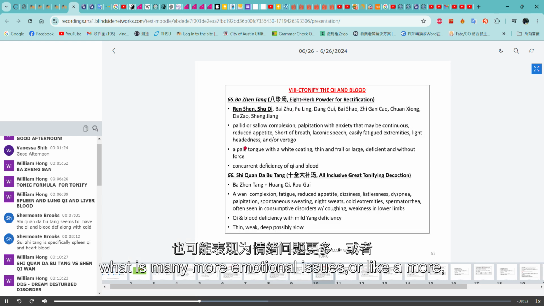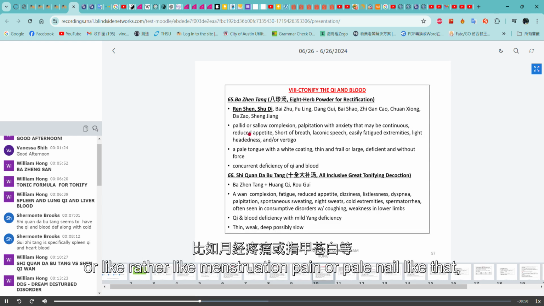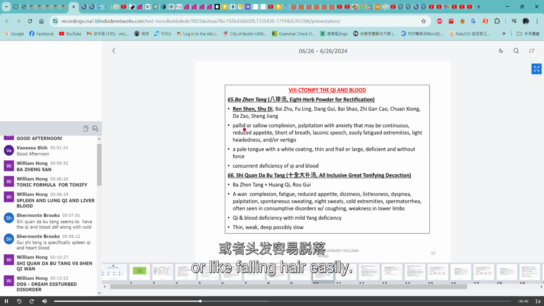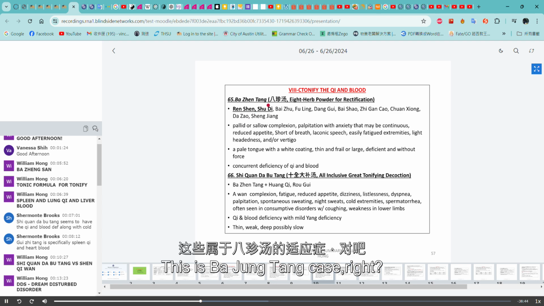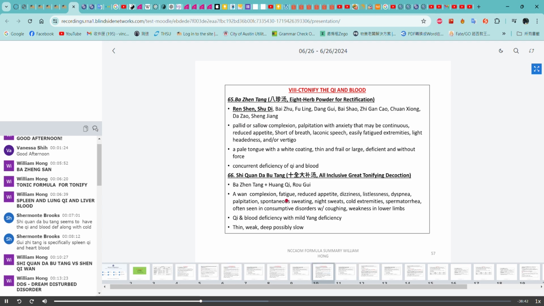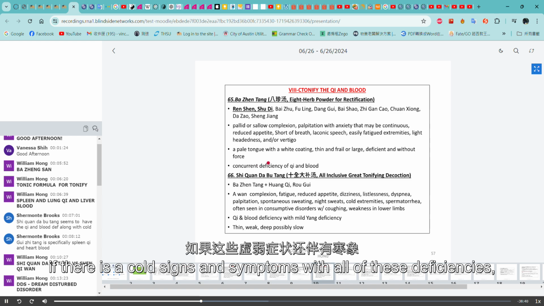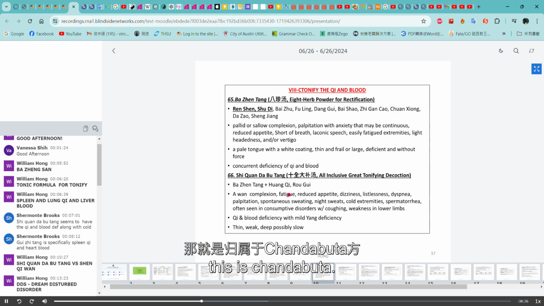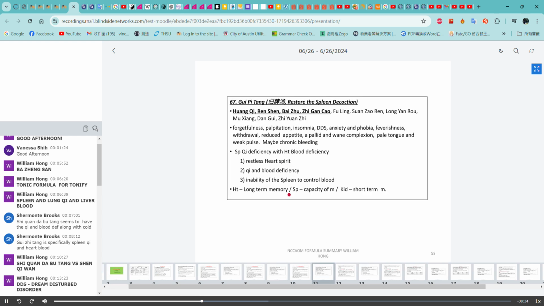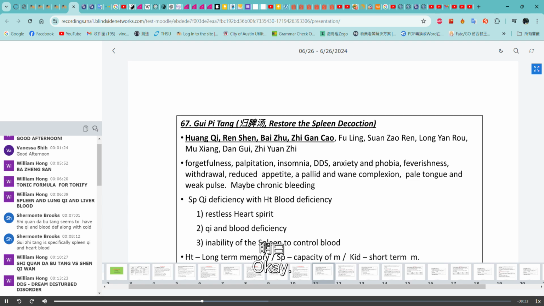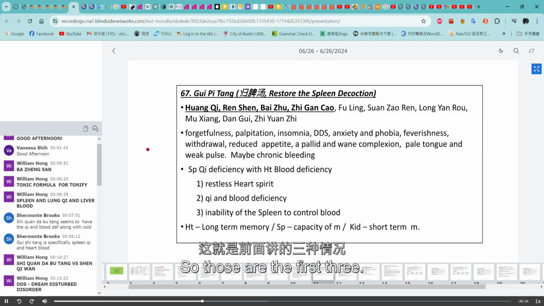If it is rather menstrual pain, pale nails, or falling hair easily, this is more a Bajentang case. Right? And if there are cold signs and symptoms with all of this deficiency, this is Shiquan Dabutang. Okay. So yeah, those are the first three.